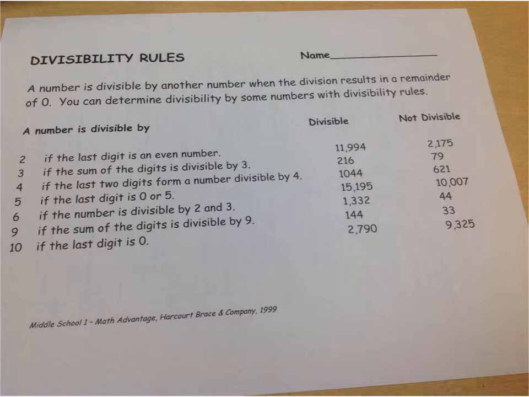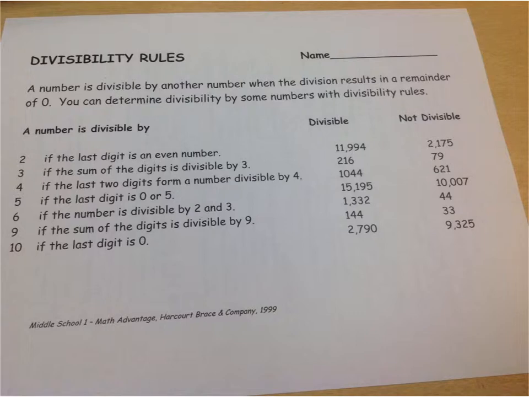A number is divisible by 6 if it follows the rules for 2, so it's even, and 3, that the digits add up to something divisible by 3. So 1 plus 3 is 4, plus 3 is 7, plus 2 more is 9. And since 9 is divisible by 3, 1,332 is divisible by 3.